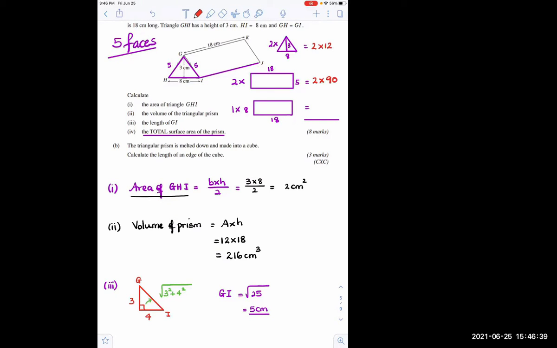You have that? And 144. And 2 by 12. And the total surface area is 348 centimeters squared. Do you all understand now? Now, if at any point you don't understand, let me know, right? I will turn on my camera and I will demonstrate and I will hope that when I'm finished, you all understand, right? All right. Can we move on to part B now?